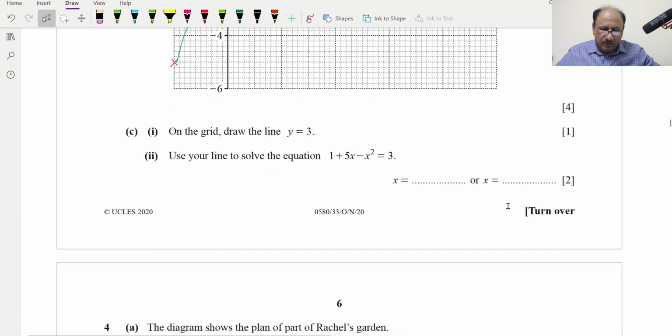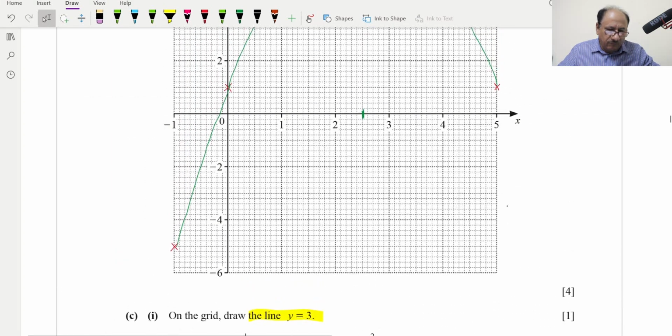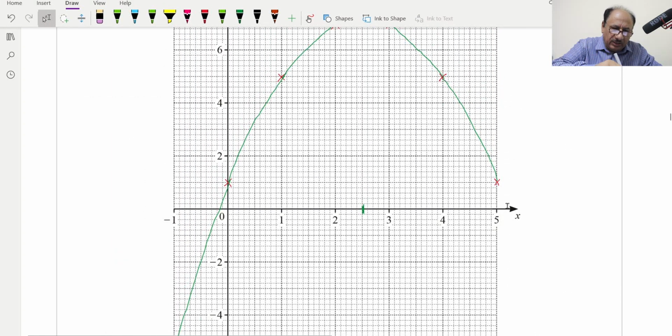On the grid, draw the line y is equal to 3. This line we have to draw, the y is equal to 3 line. Where is the y is equal to 3 line?